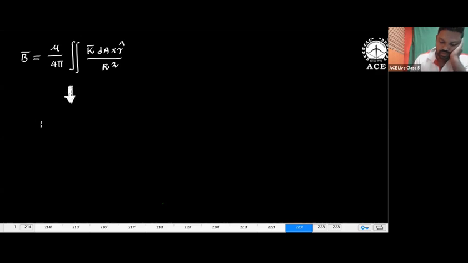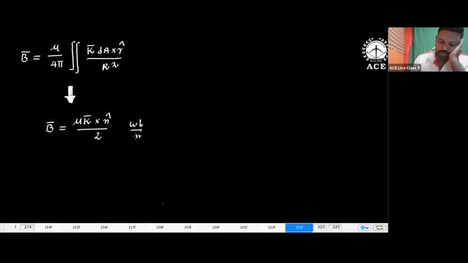So what is this B? After integration and all that story, B is equal to mu into K cross N cap by 2. Yes, this is the formula.